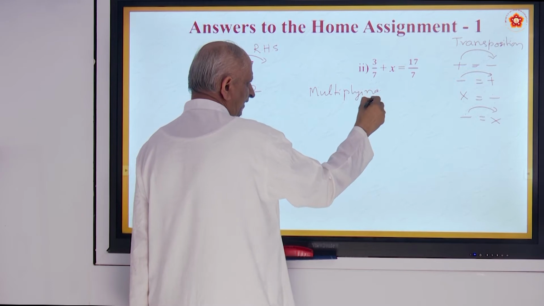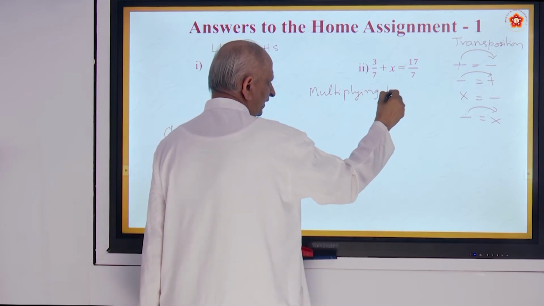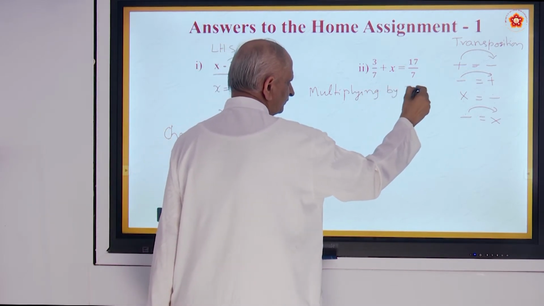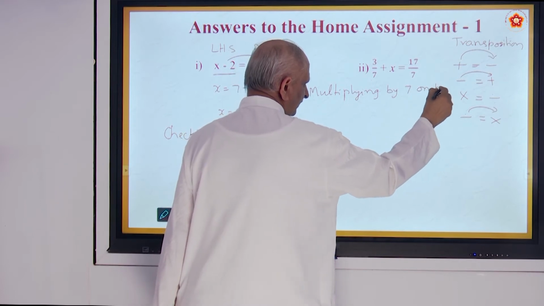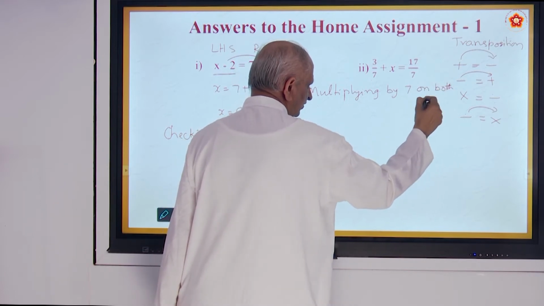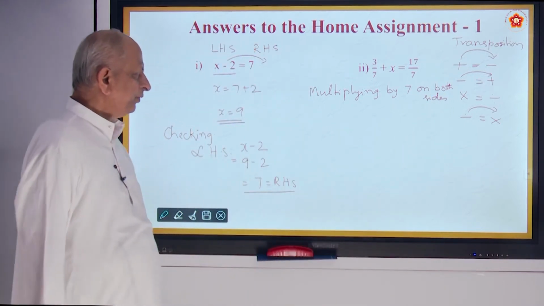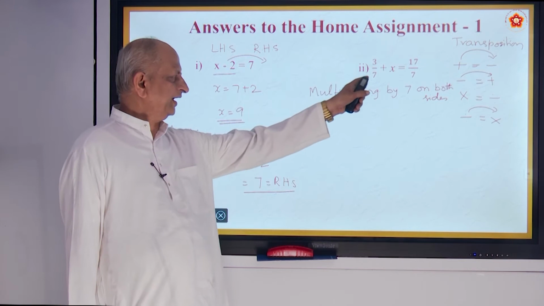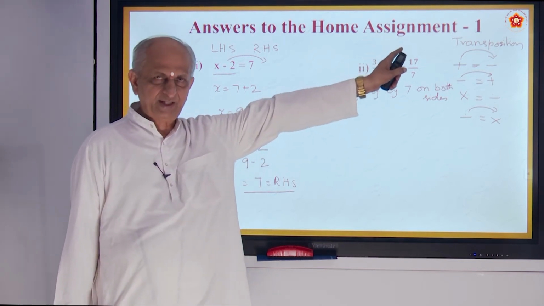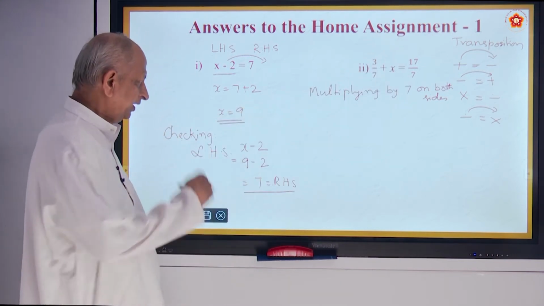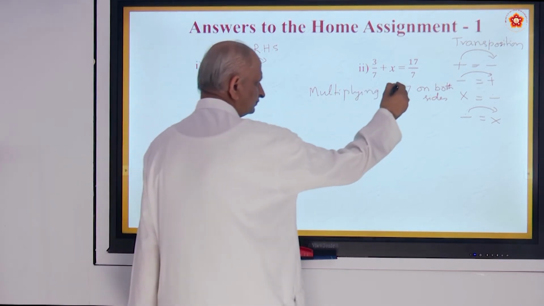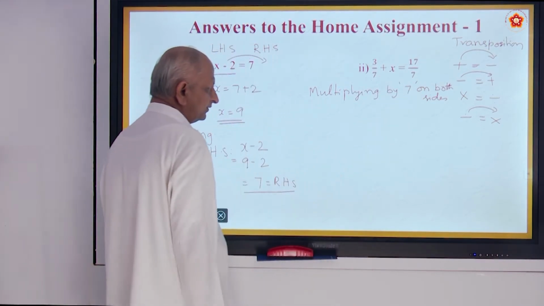So, multiplying by 7 on both sides. So, yesterday we discussed about the conditions of solving equations. Whatever operation you do in the left hand side, same operation should be done on the right hand side. So, here we are multiplying by 7 on both sides.